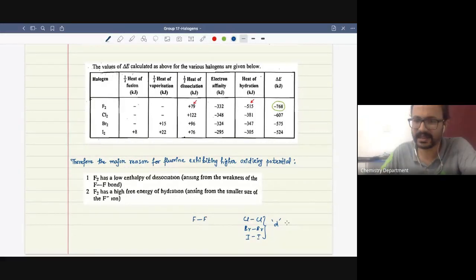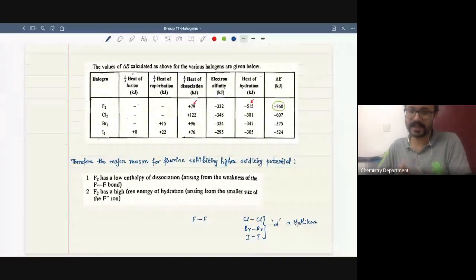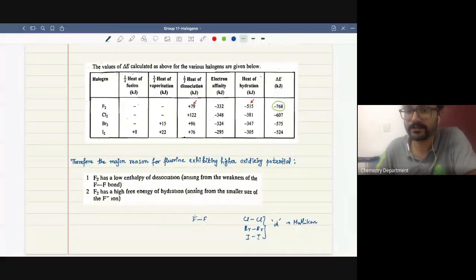That was the reason given by Mulliken, but it is not very well accepted. The most accepted explanation is that fluorine, being smaller in size, has a greater electronic repulsion. If we draw the Lewis dot structure, you will have lone pairs present on the fluorine atoms. Fluorine being smaller, these lone pairs come in close proximity to each other.